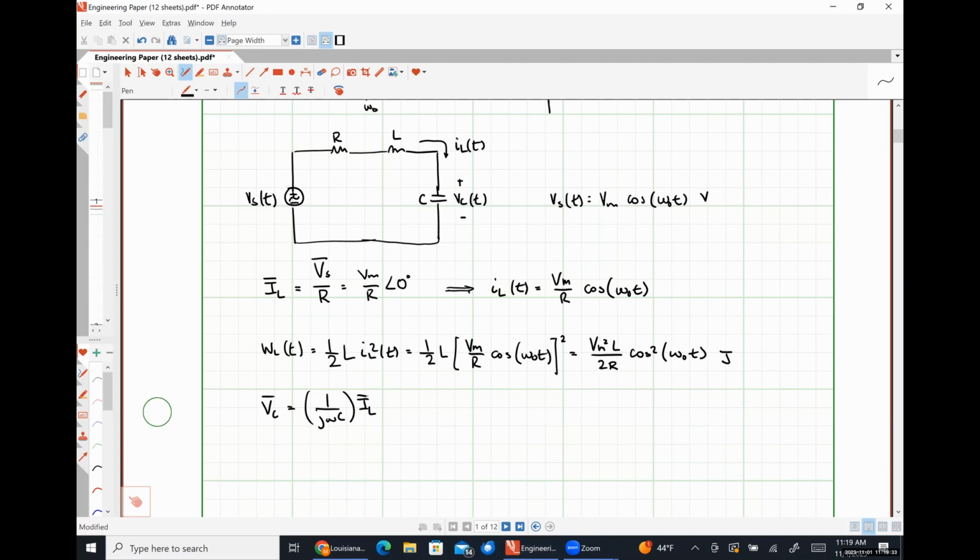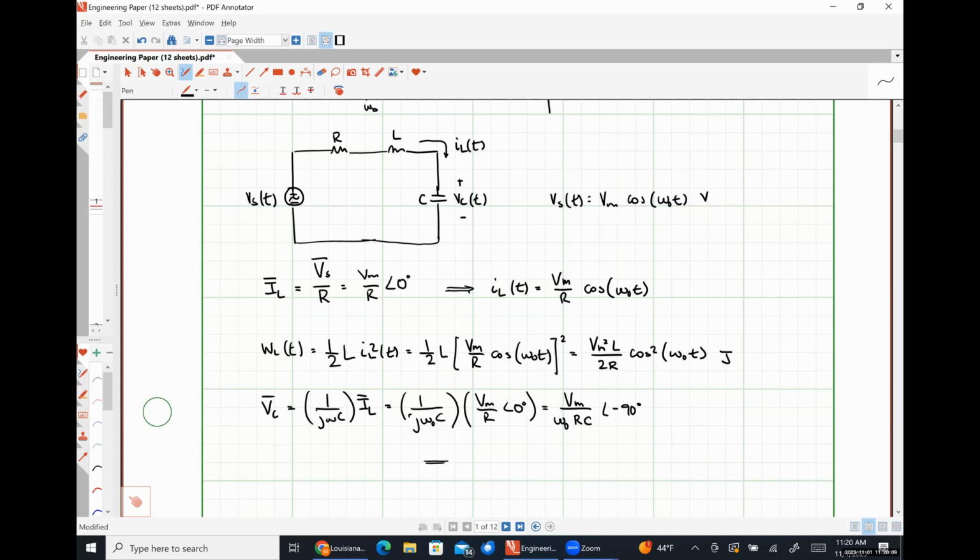And so from here, this is just going to be 1 over j omega naught C, because our circuit is operating at resonant frequency, times Vm over R with an angle of 0 degrees. And so this is going to look like Vm divided by omega naught RC with an angle of negative 90 degrees.